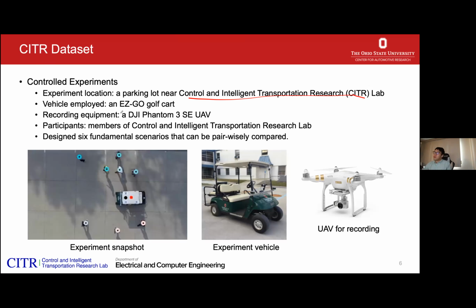We employed a golf cart as a vehicle in the dataset, and we use UAV as a recording equipment. And the participants, the pedestrians here, are the members of our lab. We designed 6 fundamental scenarios that can be pairwisely compared.